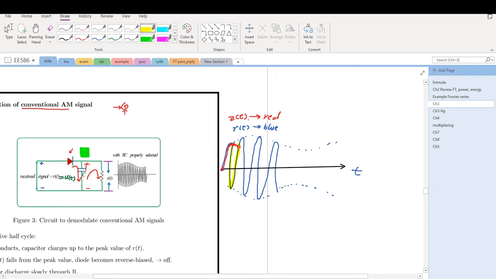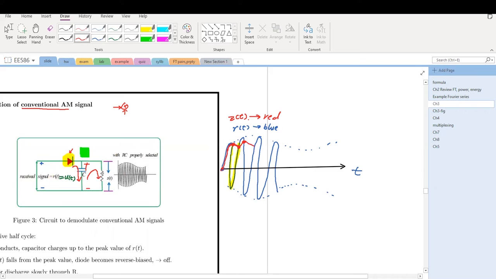And up to this point, you can see the input starts going higher than the output now. So the diode is on again, it's charging again. And at this point, the input has moved lower than the output again. The diode is off and it's going to discharge.